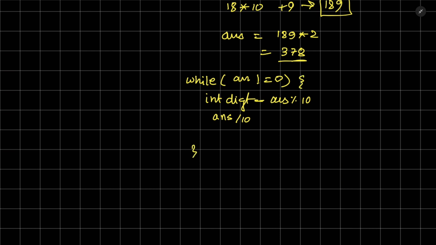And as we are getting these digits, we should add them to a linked list, or you can also add them to a stack, and later convert from that stack to the linked list, because we will see that we need to reverse this answer.